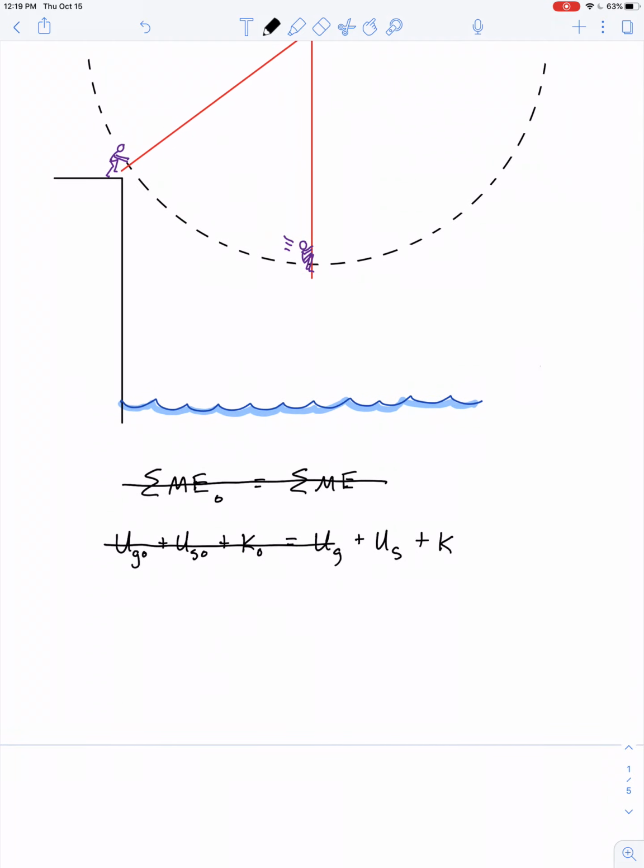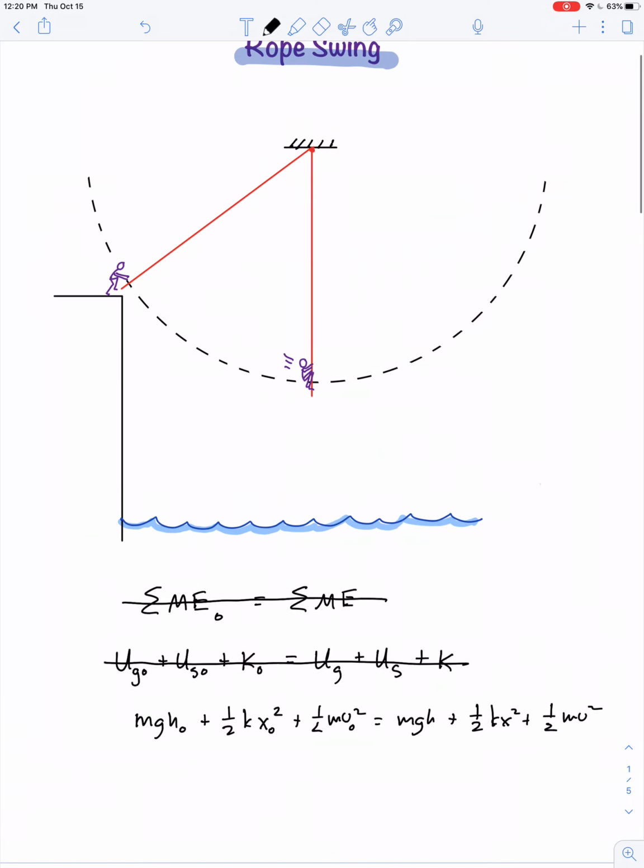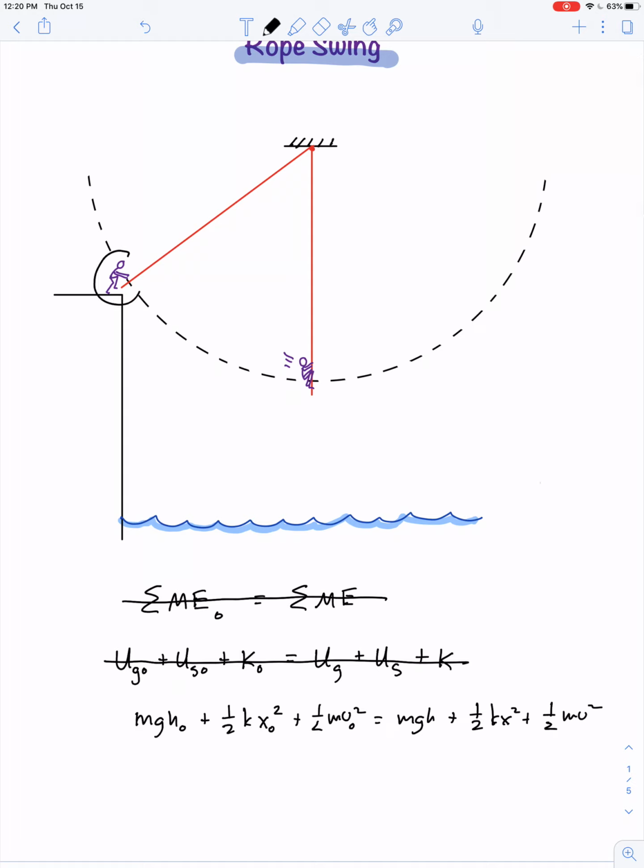Or better yet, we can say mgh initial plus 1/2 kx initial squared plus 1/2 m v initial squared equals mgh plus 1/2 kx squared plus 1/2 mv squared.